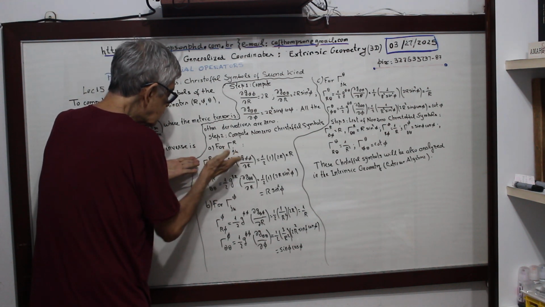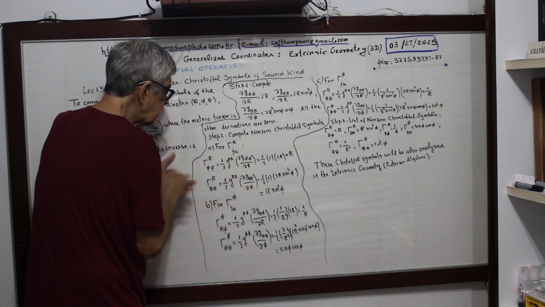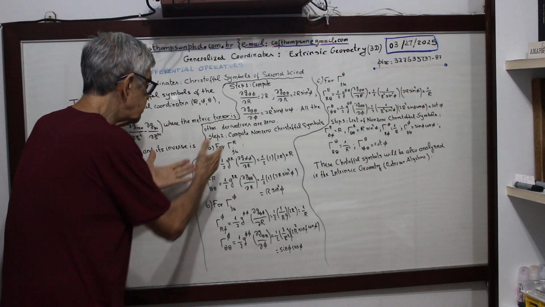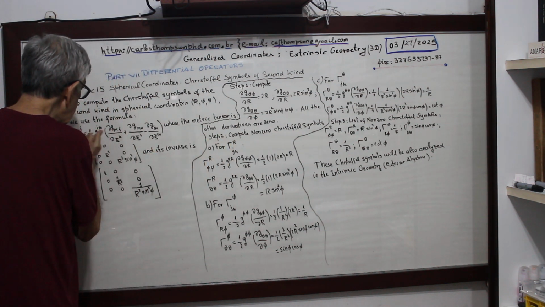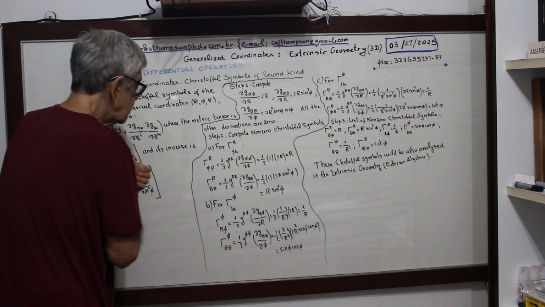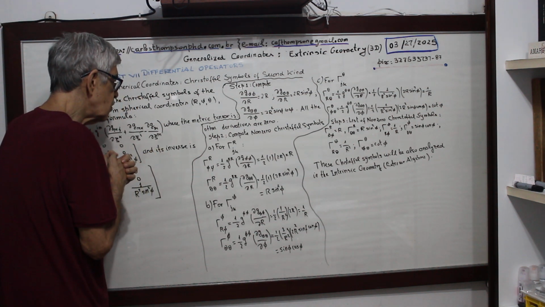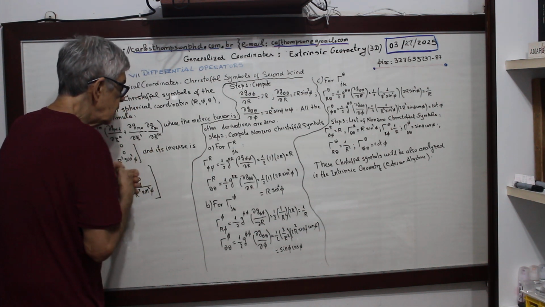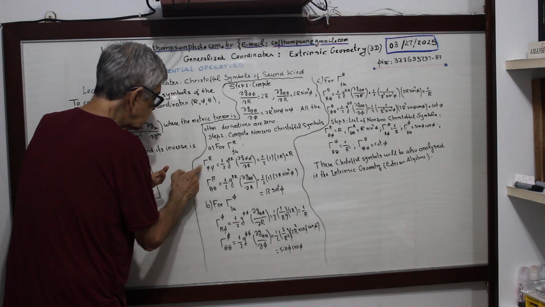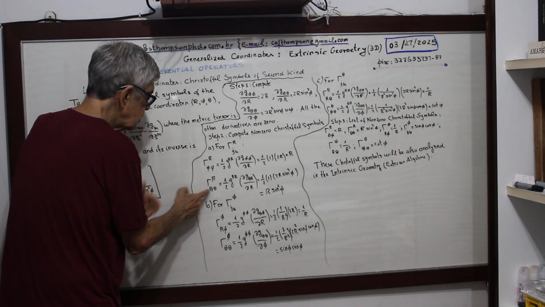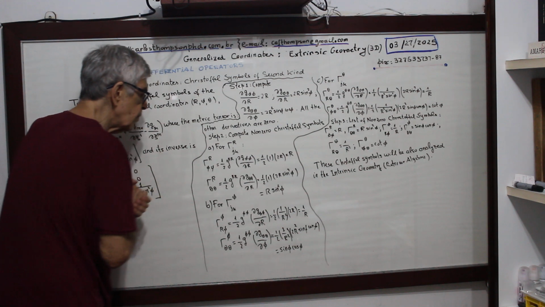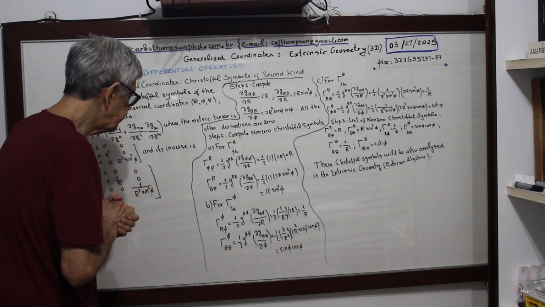Okay? You just take the derivative over here, and then you substitute in this formula, and the non-zero Christoffel symbols lead to this here and this over here. Just easy to see, just derivatives.